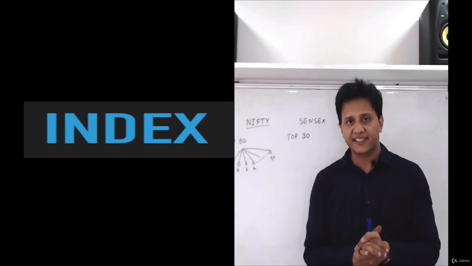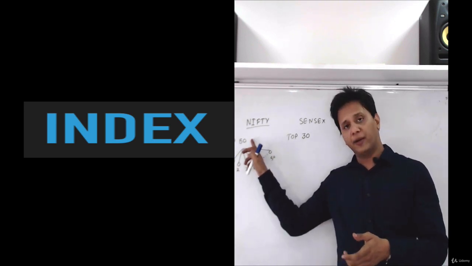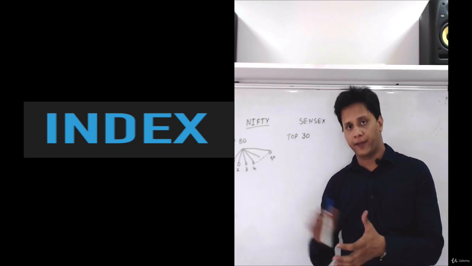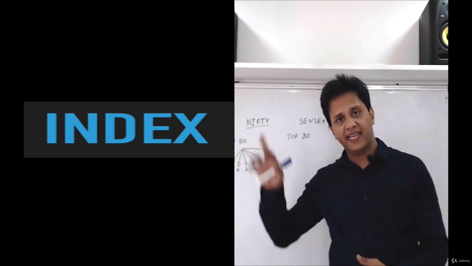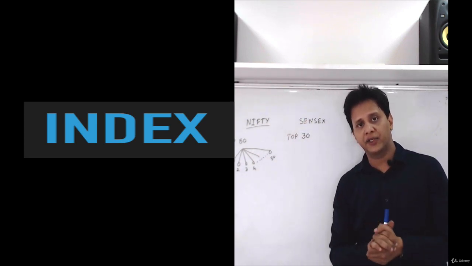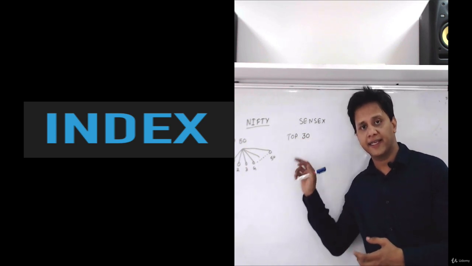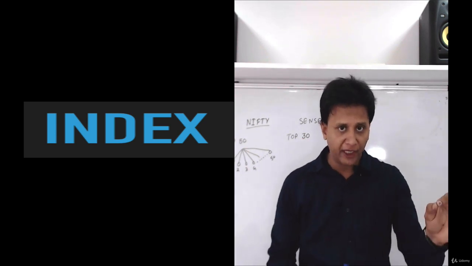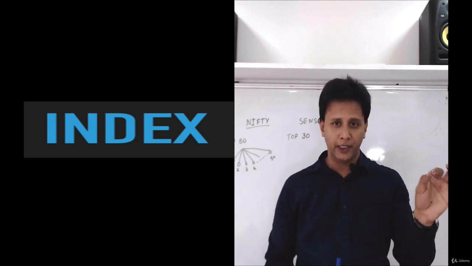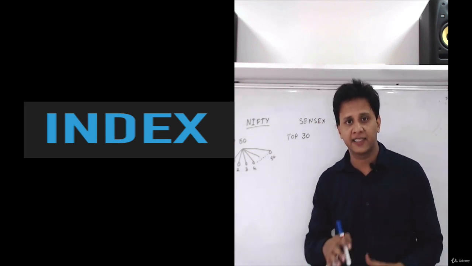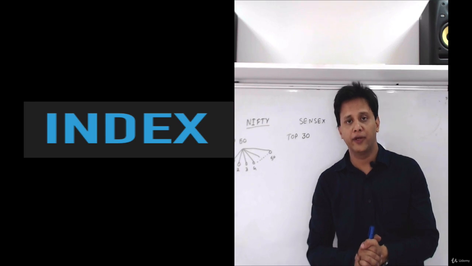So NSE has decided that the top 50 companies would be in Nifty, and BSE has decided that the top 30 companies would be in Sensex. So Nifty has 50 companies, that is why it is called Nifty 50, and Sensex has 30 companies in it.